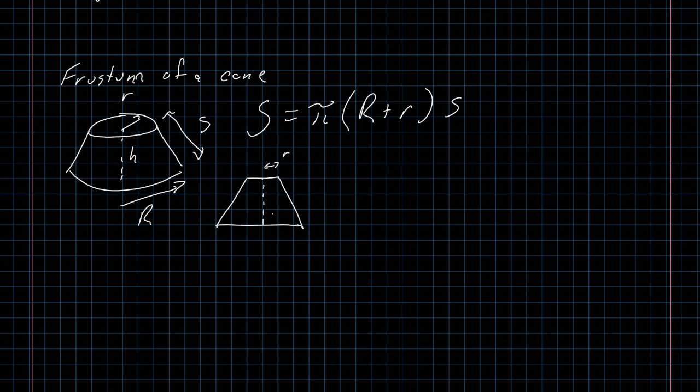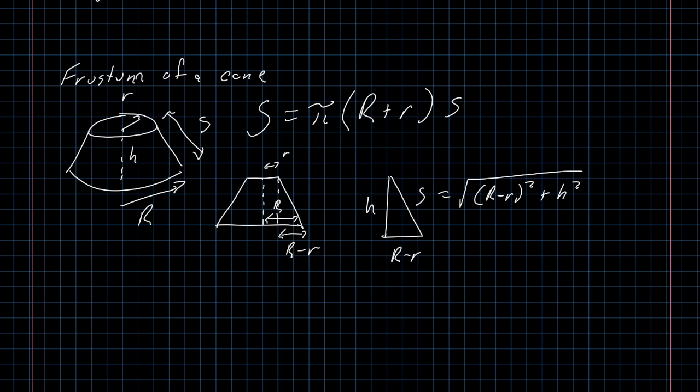But if you have little r there and you have big R here, well then to make a right triangle out of it, you need big R minus little r. And you can get that s is going to be the square root of (big R minus little r) squared plus h squared. But if you can just measure that lateral side, then that's probably easier.